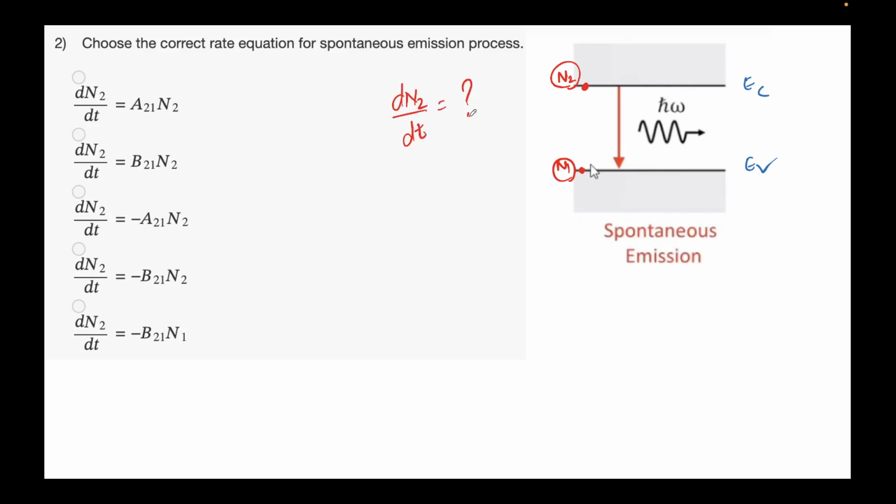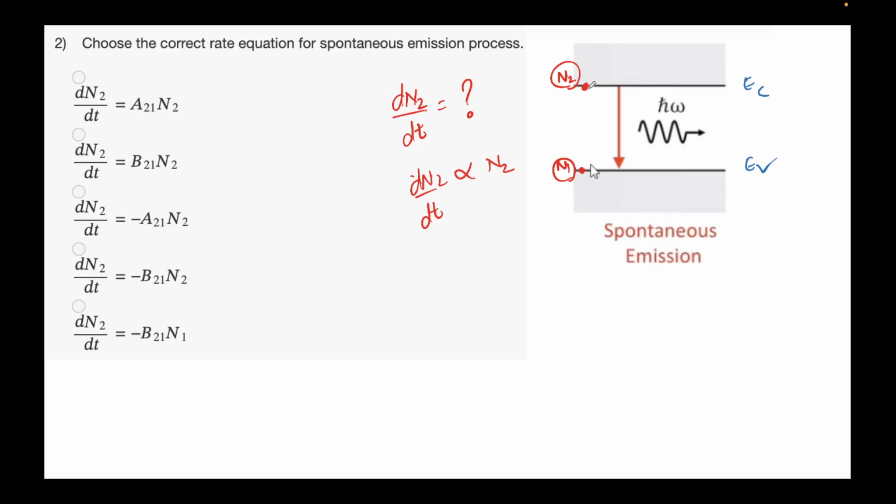One thing you can clearly see is that it will depend on the amount of electrons that are present here. If there are fewer electrons present here, the decay will naturally be slower. So dN2 by dt should be directly proportional to N2, not N1. It will only depend on the electrons that are present here.